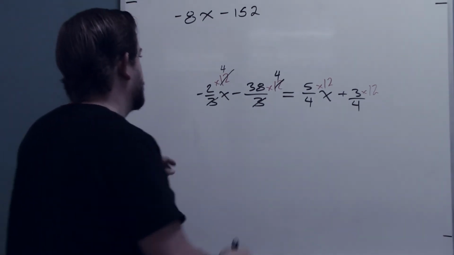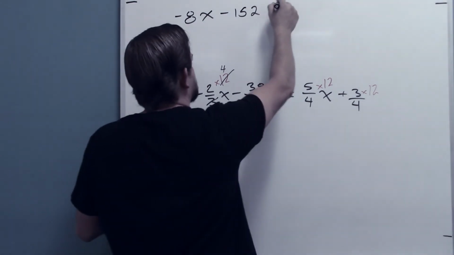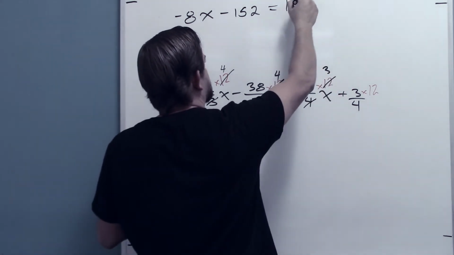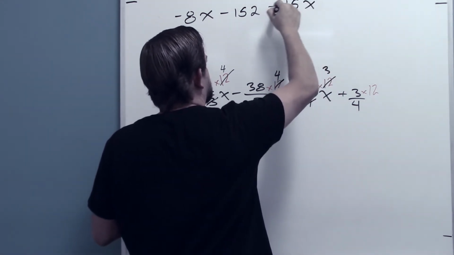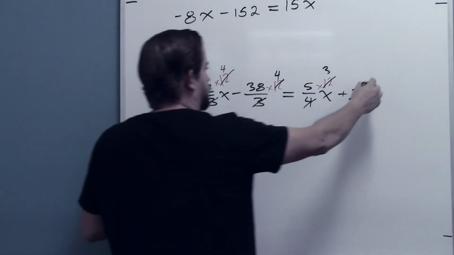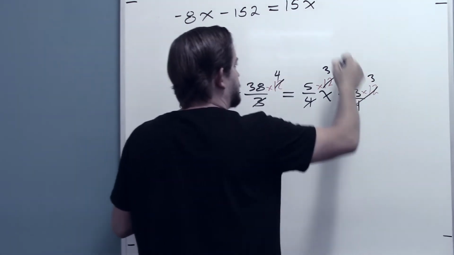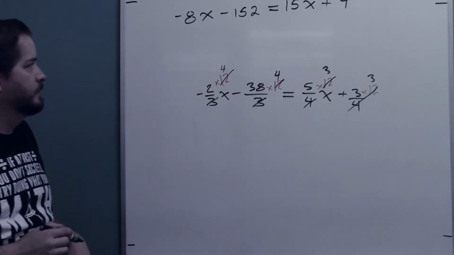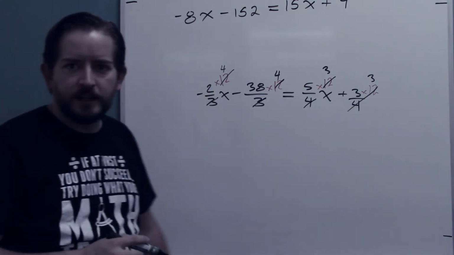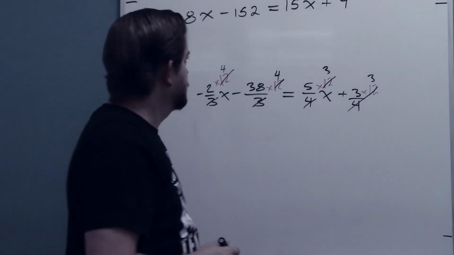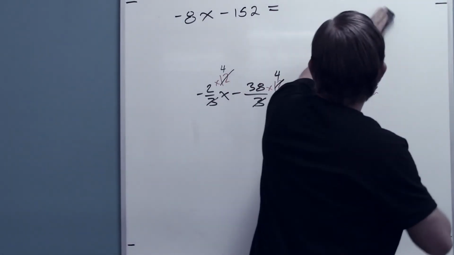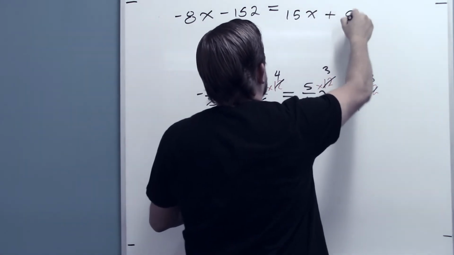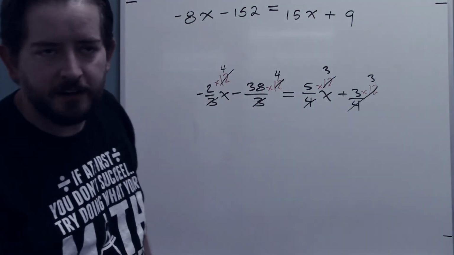Oh, I'm right, okay. Equals, the 12 cancels here, leaving me with a 3, so that's 15x. And 12 and 4, that leaves me with a 3 as well, so plus 9. Did I leave the screen again? I did. I'm not doing great today. Equals 15x plus 9. Am I back on? All right.